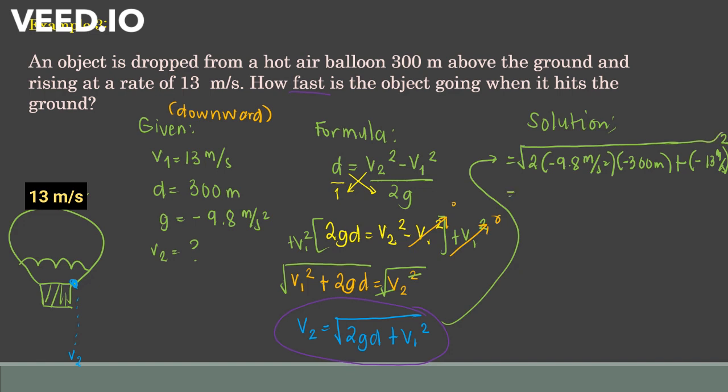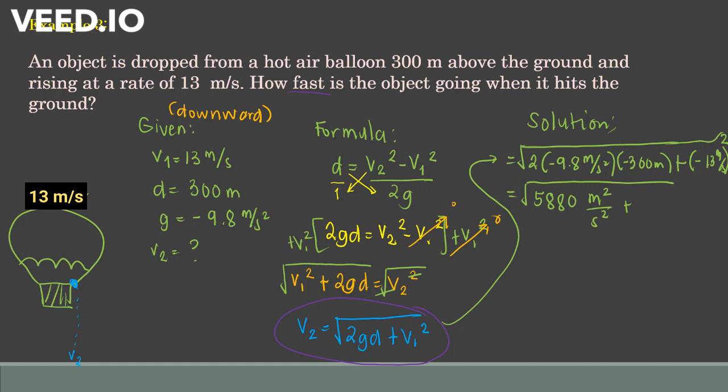If we multiply 2 by 9.8 and by 300, we will get 5,880. The units, we cannot cancel meter and meter here because both of them are numerators, so we will have meter squared over second squared. Plus this is 13 squared.